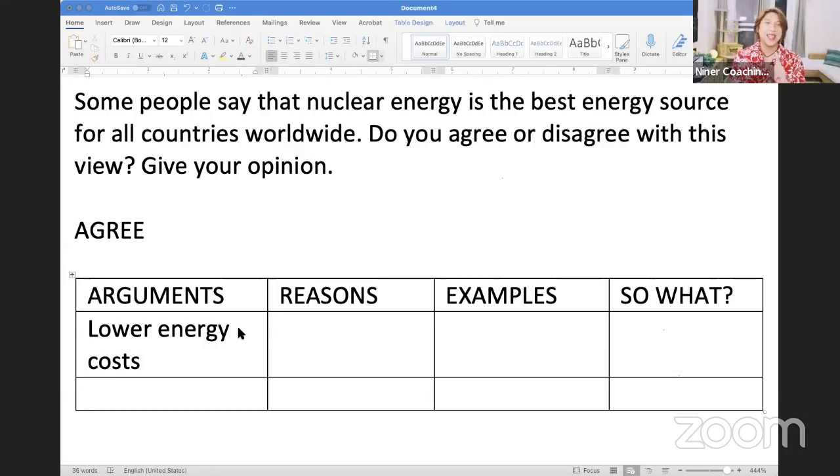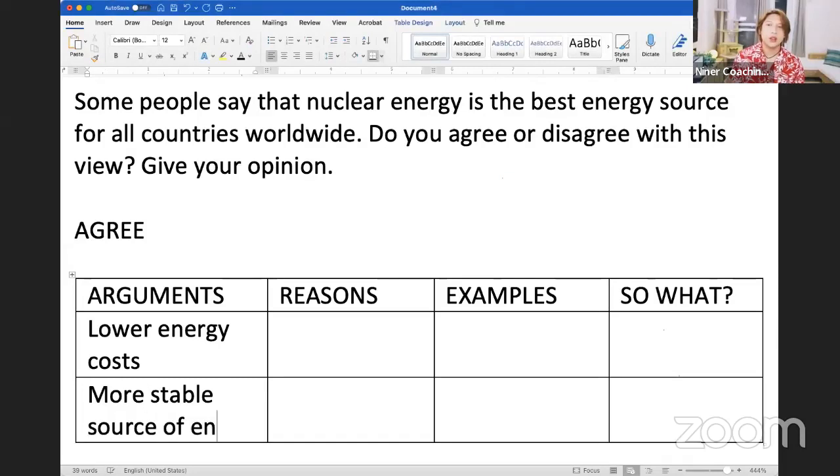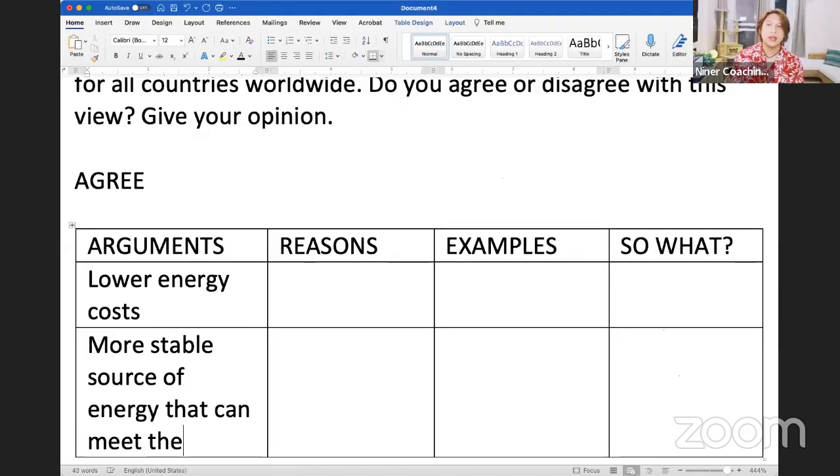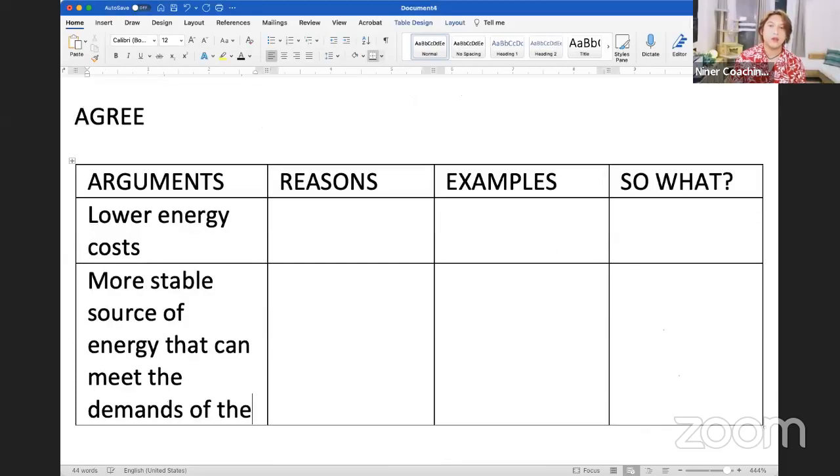No brownout. Brownout is blackout, my dear. No brownout. Okay. So what do we mean by that, right? So yeah, it's probably a more stable source of energy that can meet the power needs, the requirements or demands of many countries.